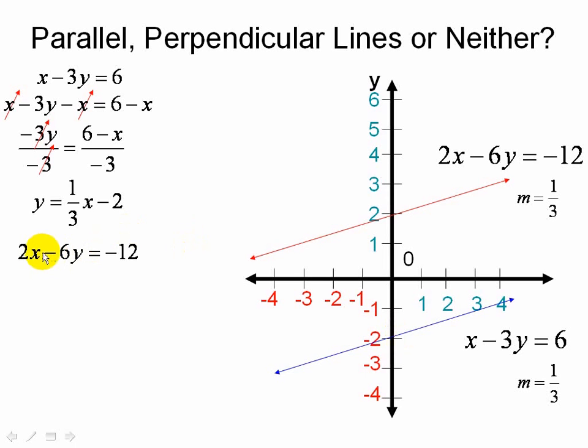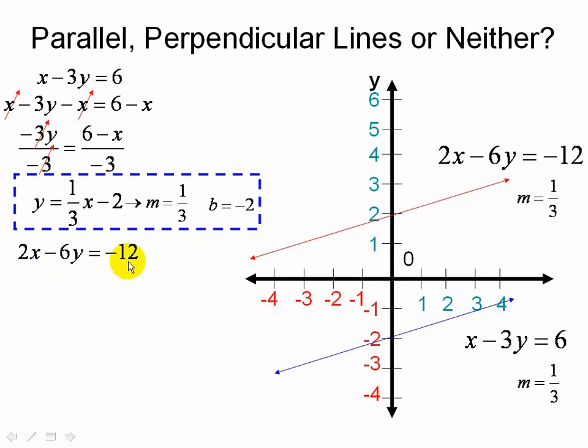Now let's solve this one: 2x minus 6y equals negative 12. Here we have 2x minus 6y minus 2x equals negative 12 minus 2x, where we subtracted 2x from both sides of this equation. We see the 2x's cancel on the left side once again, and we now have negative 6y equals negative 12 minus 2x.